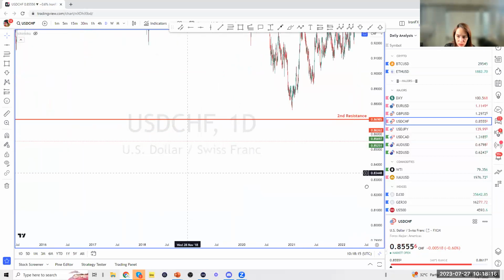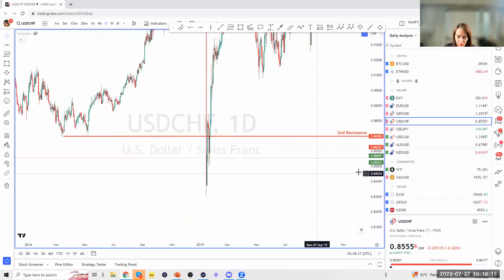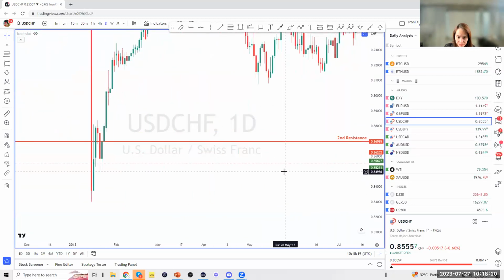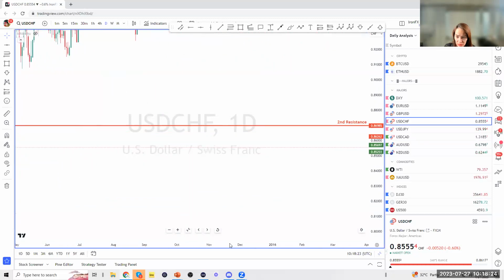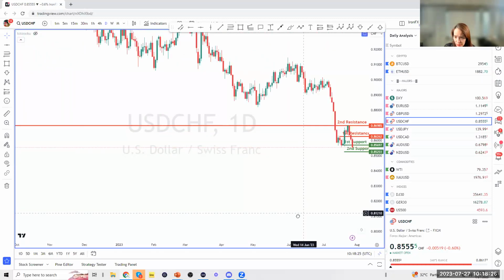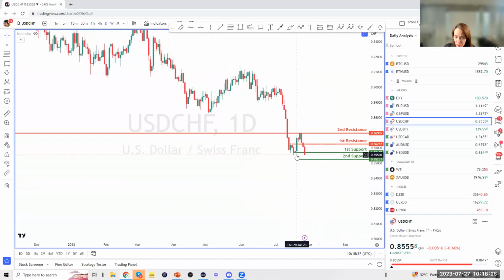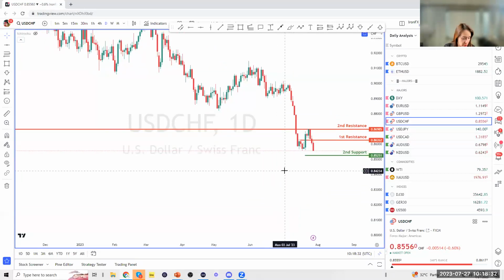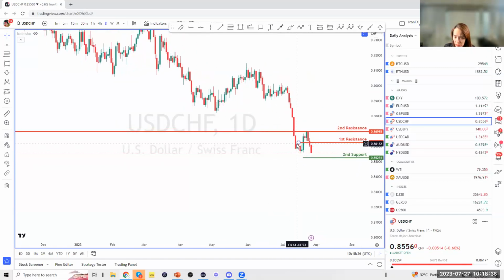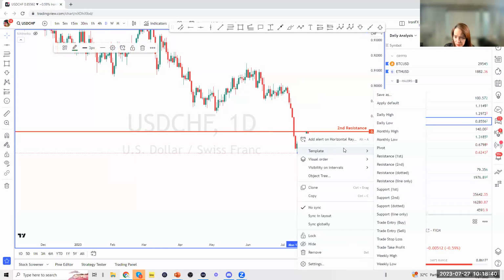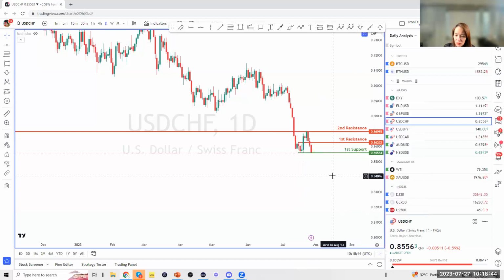Okay, and then I need to zoom in on what we have in the daily time frame. Okay, this is my second resistance, I believe. And now price is breaking my support, it's going to break. So if the price breaks my first support here, it's going to turn into first resistance.